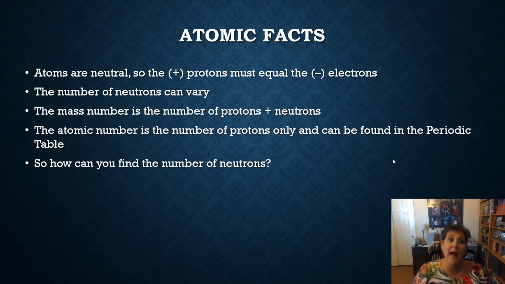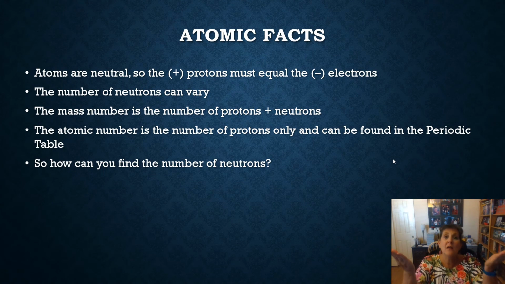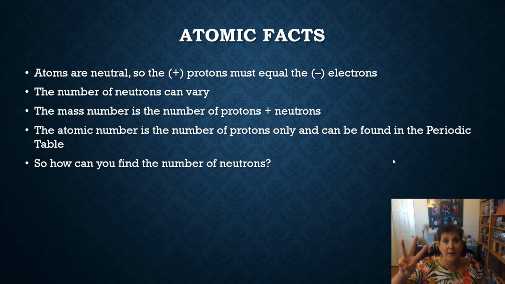Some facts about atoms. Atoms are neutral. So the positive protons and the negative electrons have to cancel out and be equal to each other. In other words, if we have 3 protons in an atom, we need 3 electrons, so they'll cancel out and be neutral. Now, the number of neutrons can vary.